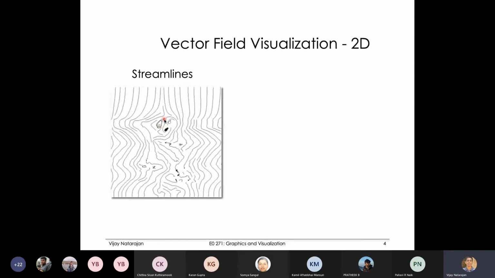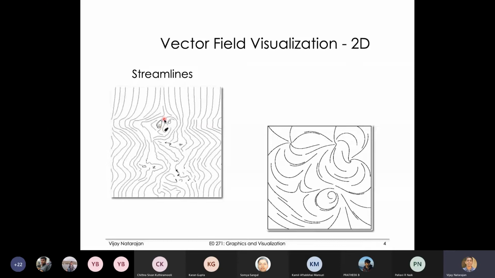Similarly, you have source points and so on. So streamlines are able to capture the overall behavior of your vector field quite well, and hence they are quite extensively used in practice.